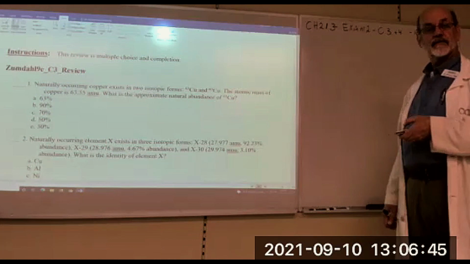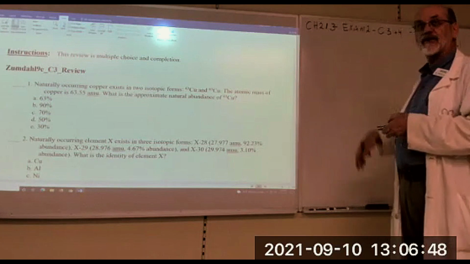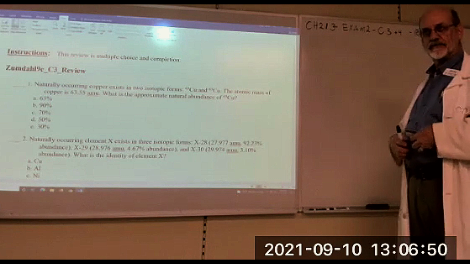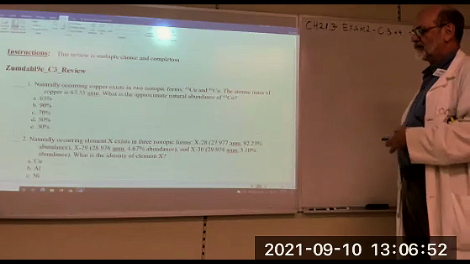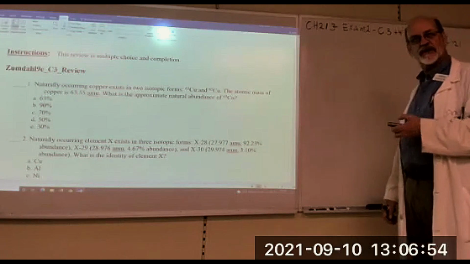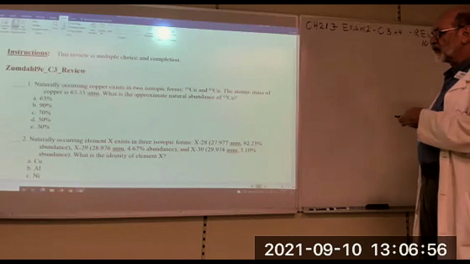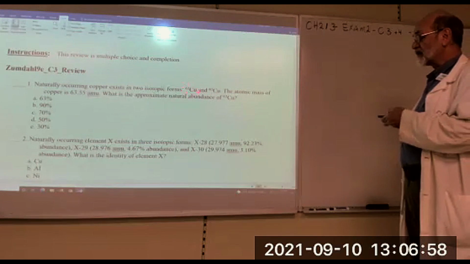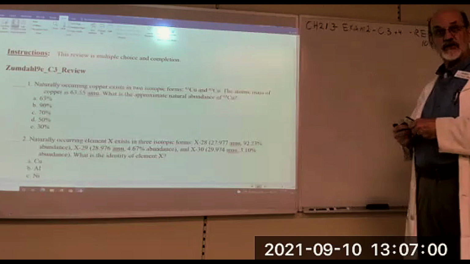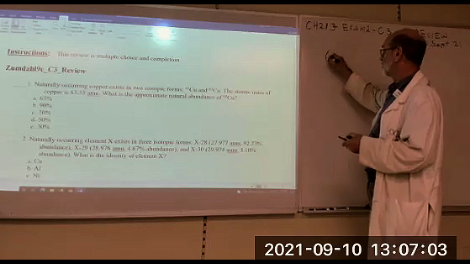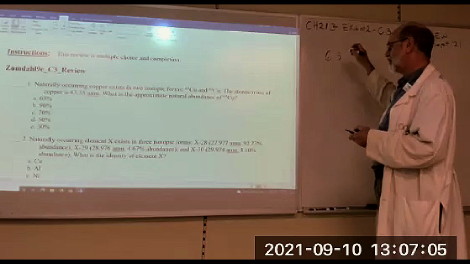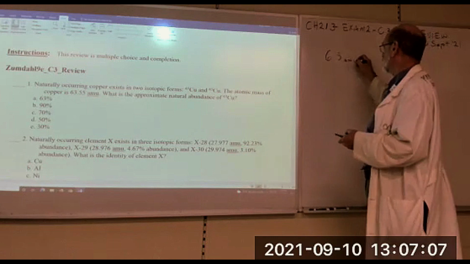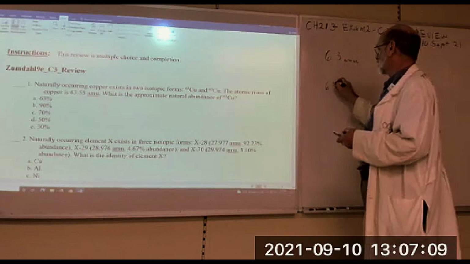Relative to carbon-12, these would be fractional values. But since this is a review and possible test problem, we just assume for the moment that this isotope weighs 63 atomic mass units and that one 65 atomic mass units.